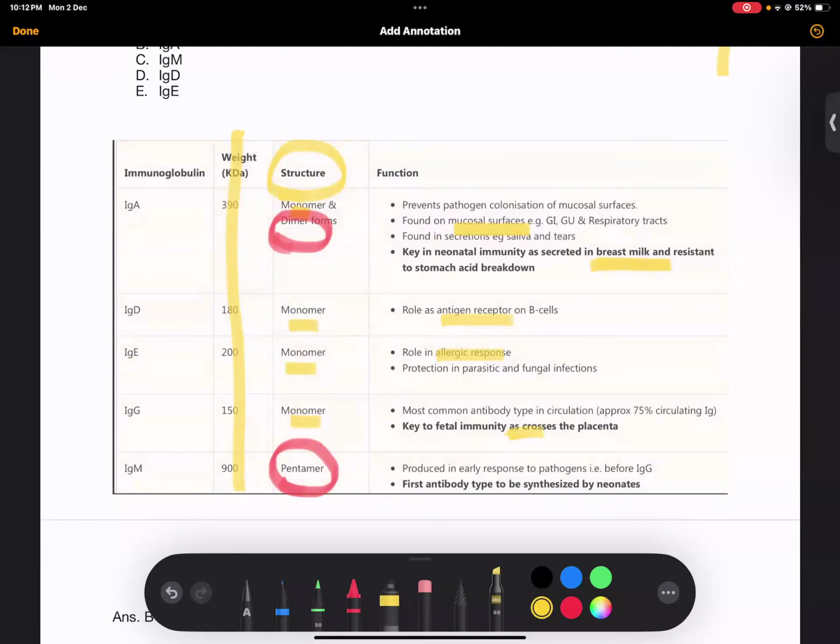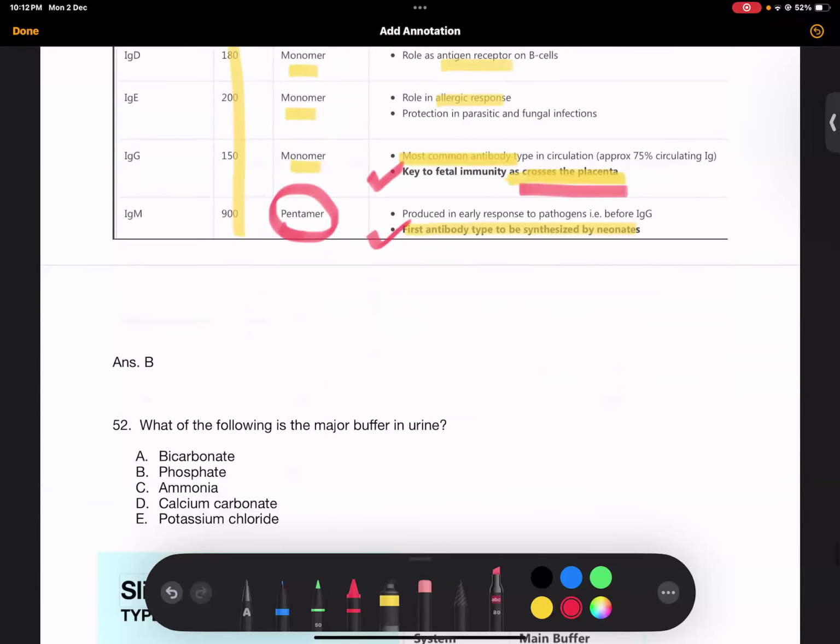IgG is crossing the placenta and is the most common antibody. IgM is actually your first antibody to be synthesized by neonates. These 2 points are very, very important regarding neonates: IgG is crossing the placenta and IgM is synthesized by the neonate. Okay, so this is your immunoglobulin.